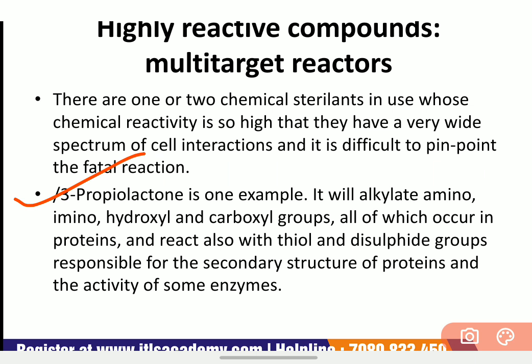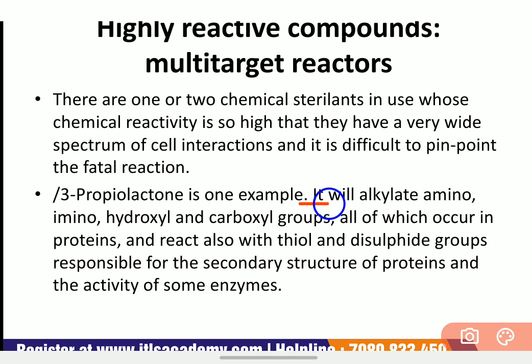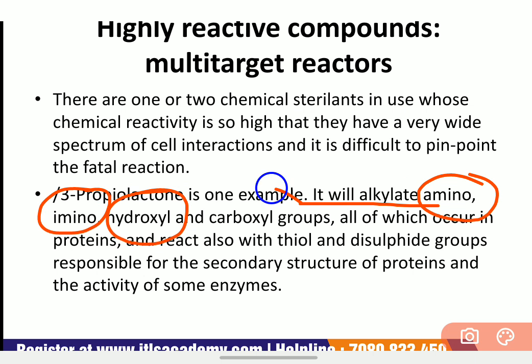Next is beta propiolactone. Beta propiolactone is an example of multi-target reactors, or we can say this is an example of highly reactive compounds. It will alkylate amino, imino, hydroxyl and carboxyl group.